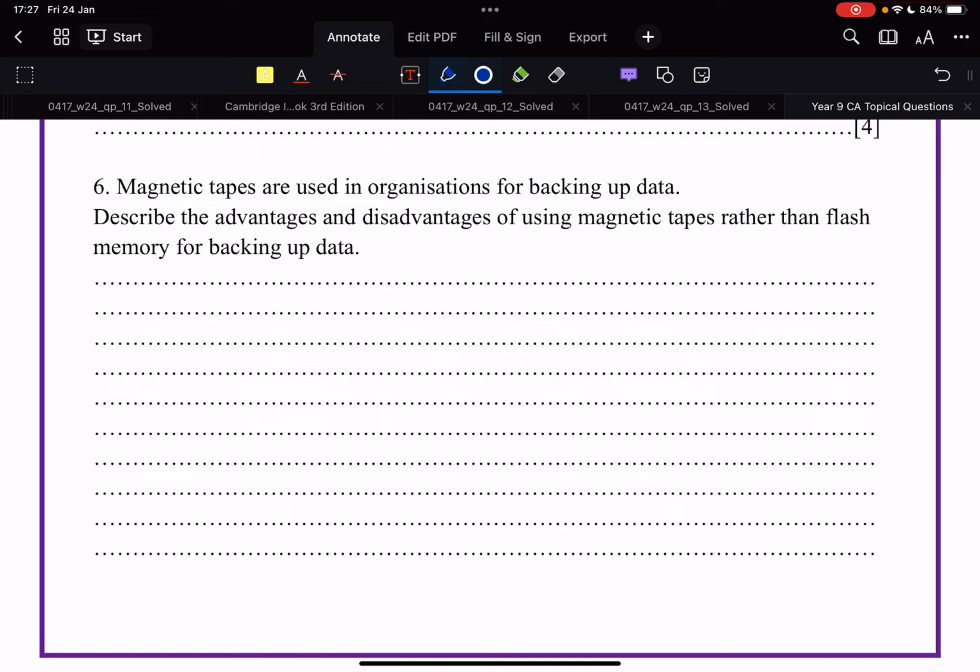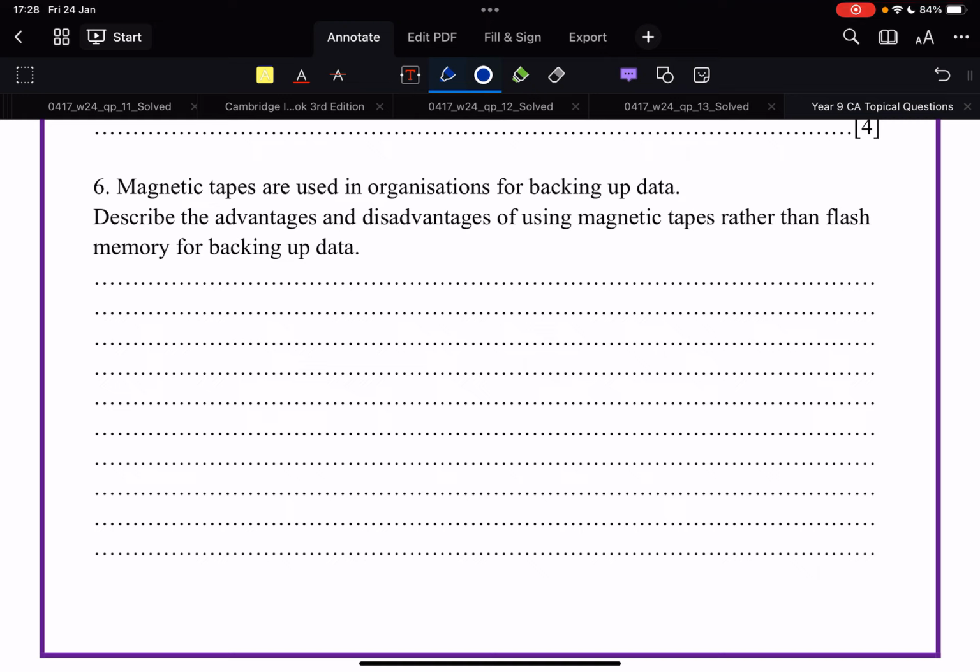The data is stored as magnetized areas: magnetized means one, demagnetized means zero. The data is read from the tape using serial access. Very important. In other words, data can only be read in the same order that it was written. It is not ascending or indexed, it is serial.